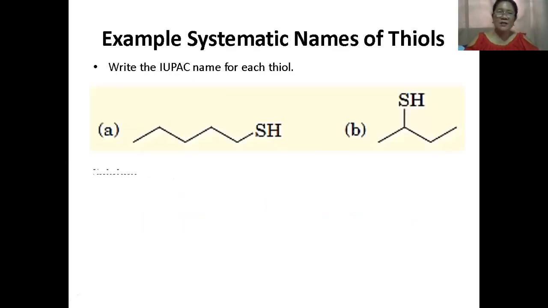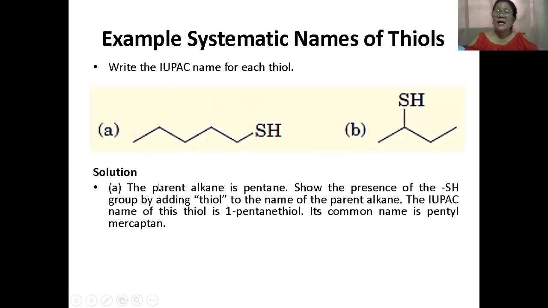Some more examples. This one is 1, 2, 3, 4, 5. It's pentane. Where is your SH? It is on carbon 1. Therefore, it is 1-pentane thiol. This one, carbon 1, 2, 3, 4.